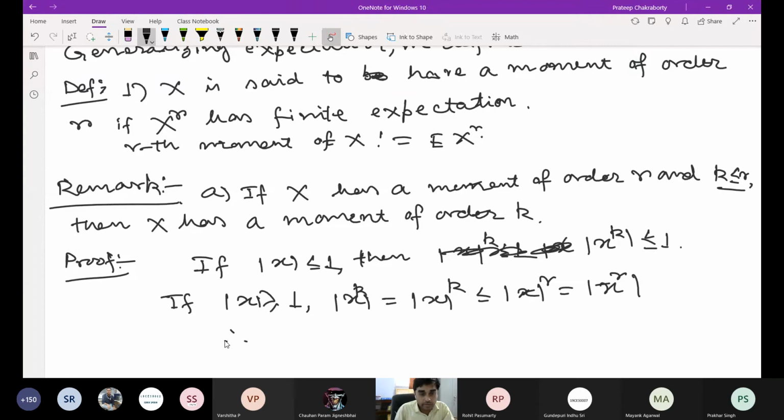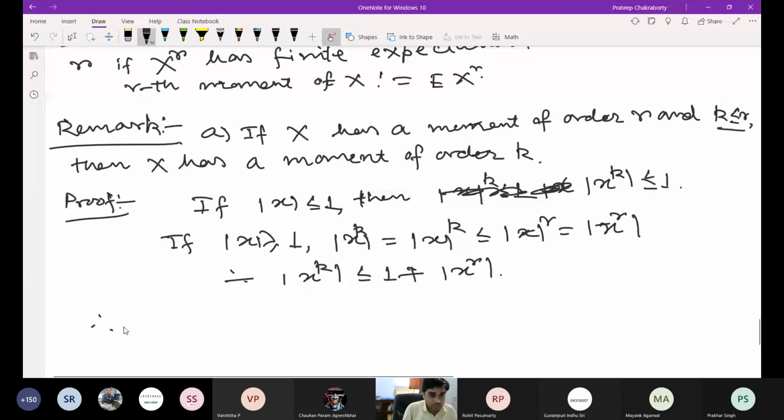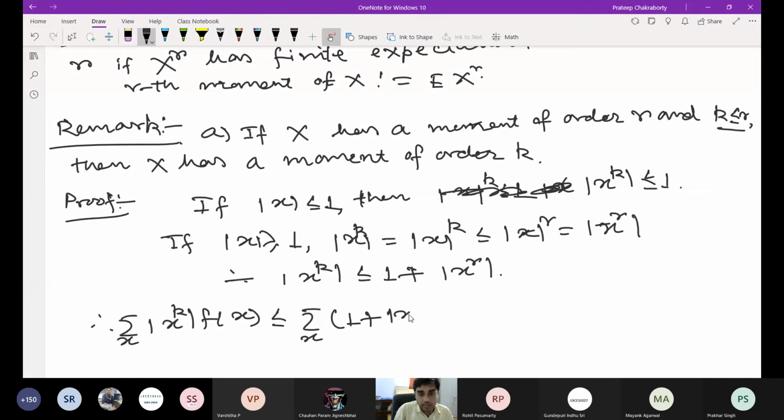So mod of x power k is less than or equal to 1 plus mod of x power r. So summation of mod x power k f of x is less than or equal to summation of 1 plus mod x power r f of x, which is equal to 1 plus E of mod x power r.